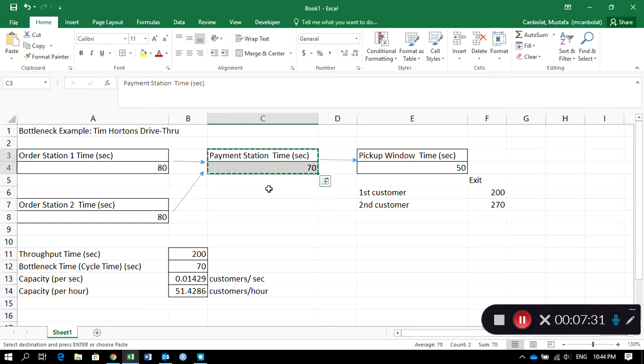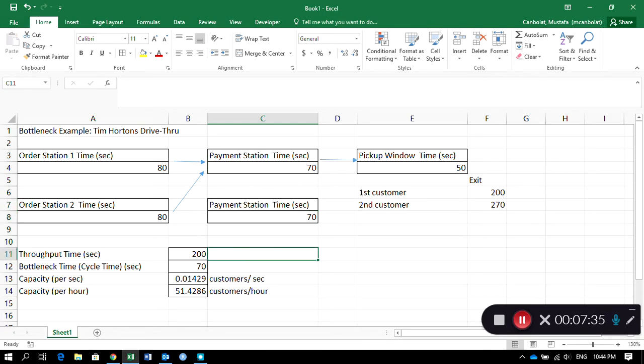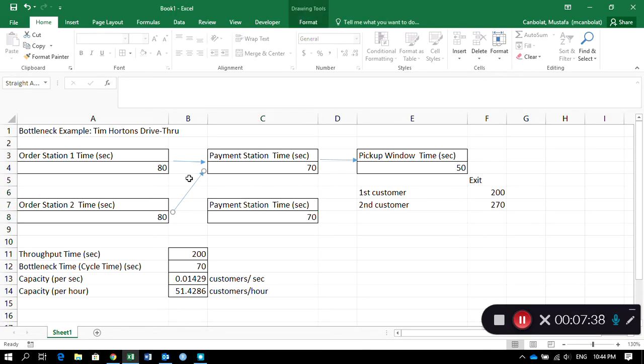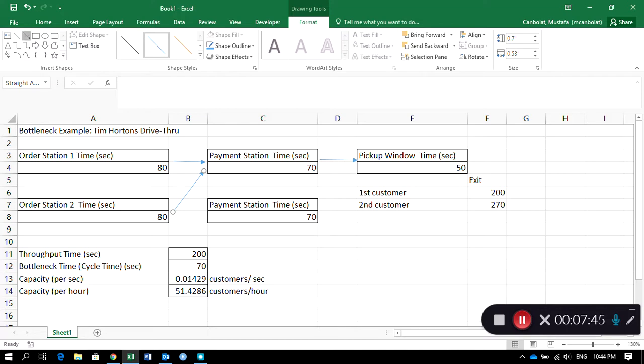So I'm going to just do this. I'll put one more payment station here. If I put one more payment station, whichever payment station is available, the customers will choose to go to that payment station. So the customers may go from order station 1 to payment station 2, or order station 2 to payment station 2, or order station 2 to payment station 1, or order station 1 to payment station 1.